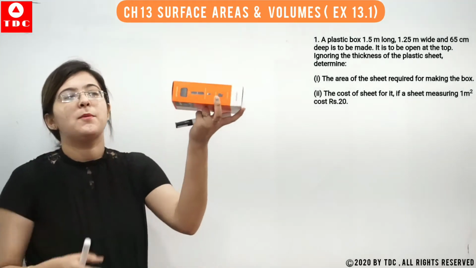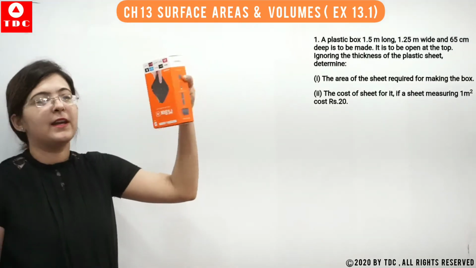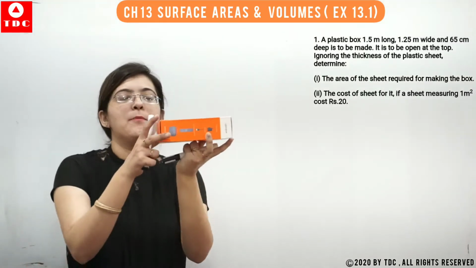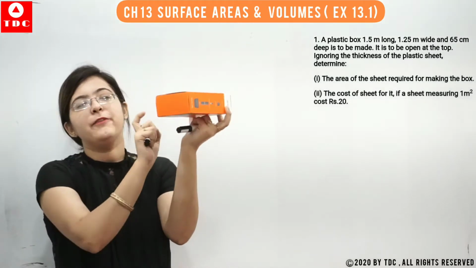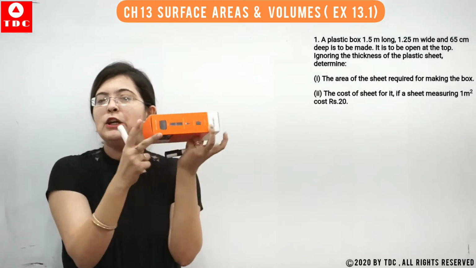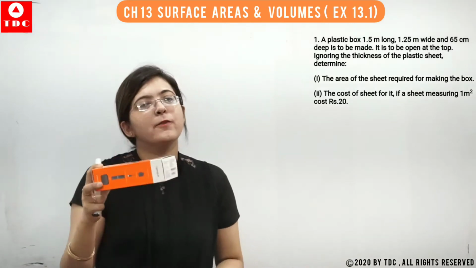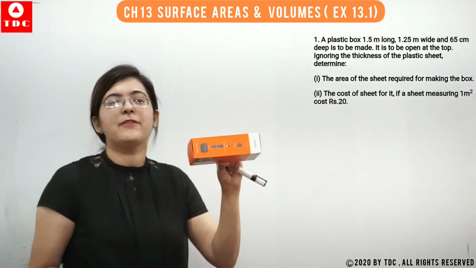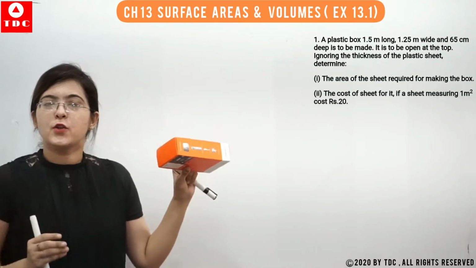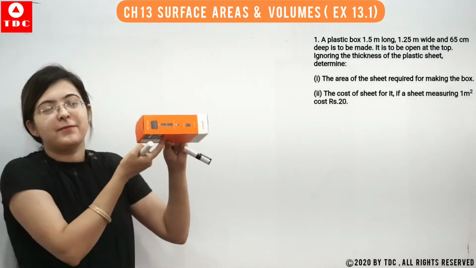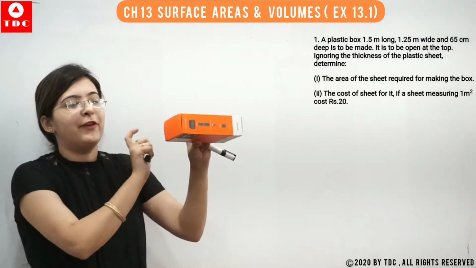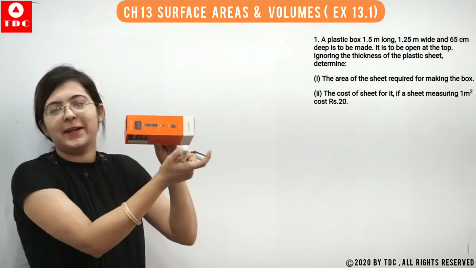So let's see, students. See, this is the shape of a cuboid. How many faces it has? 1, 2, 3, 4 and 5, 6. Total 6 faces. To find the total surface area, we use the formula 2 times LB plus BH plus HL. See, the top and bottom 2, front and back 2, then sideways 2.